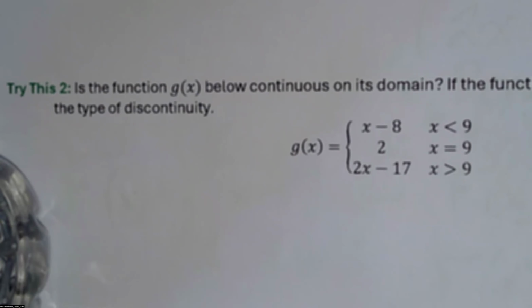So I guess the graph, we'll go to x minus 8. It's just a normal diagonal line, a one-to-one function, for everything less than 9.